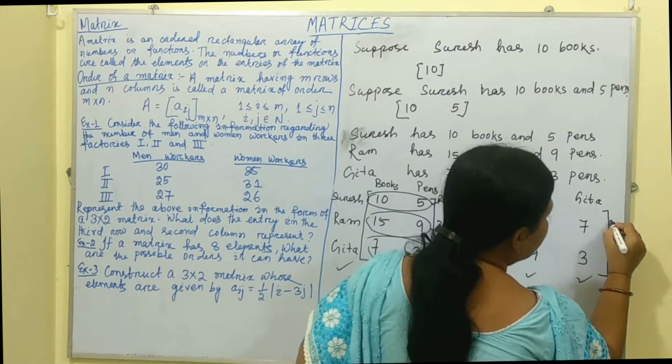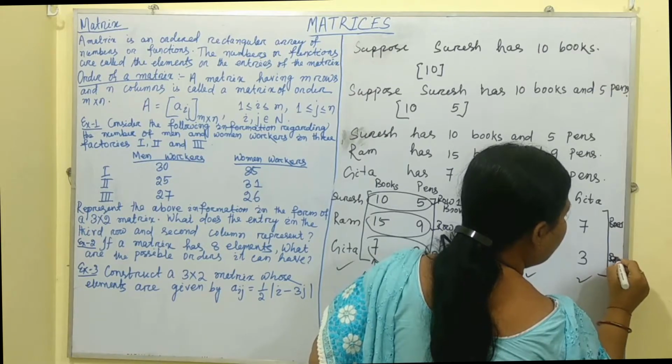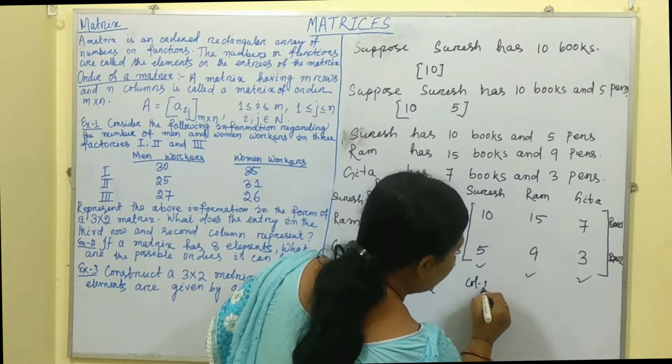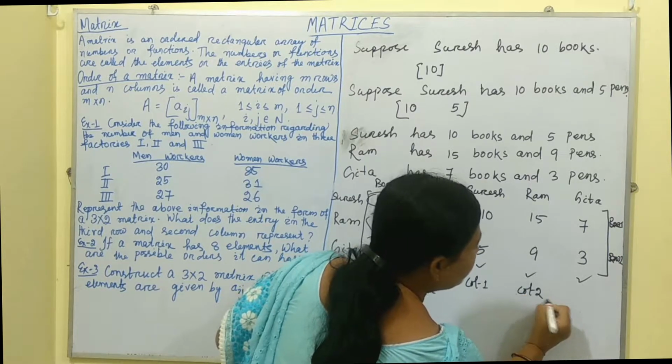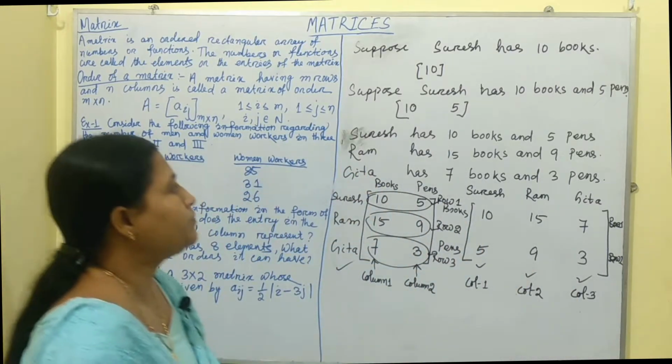Here this is row 1, row 2, column 1, column 2 and column 3.